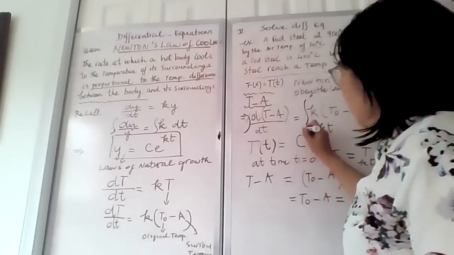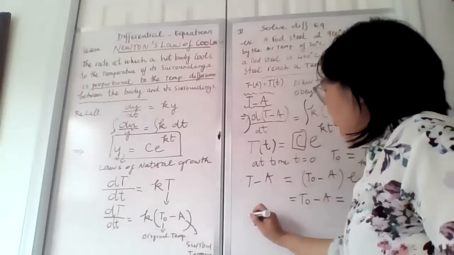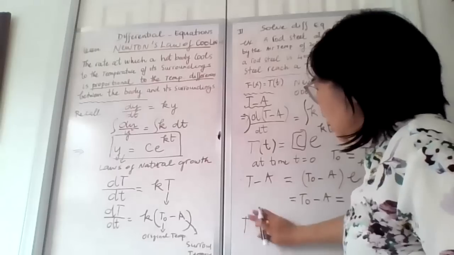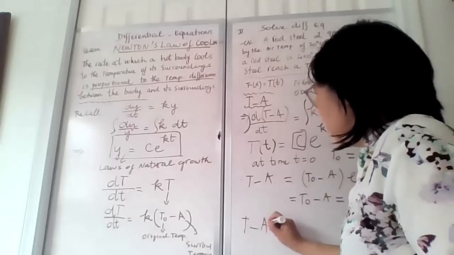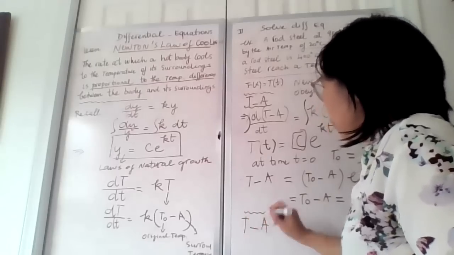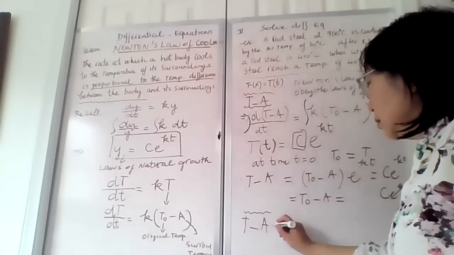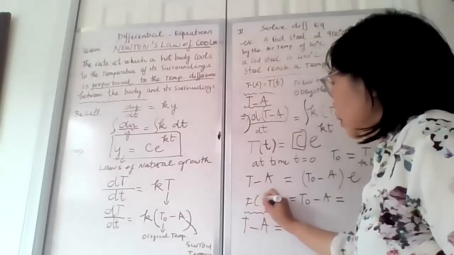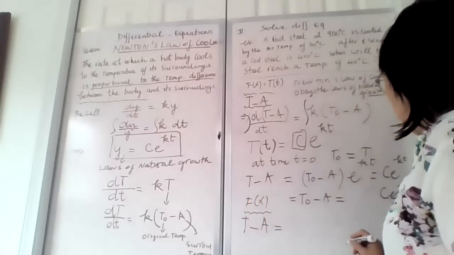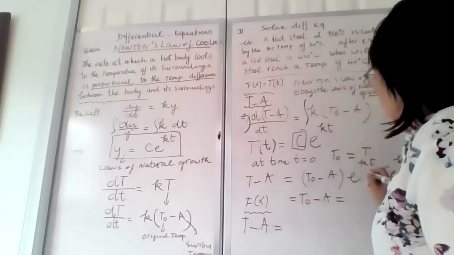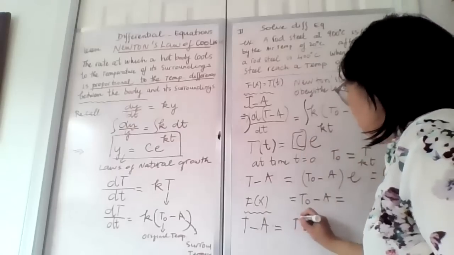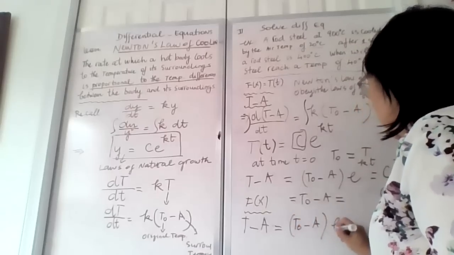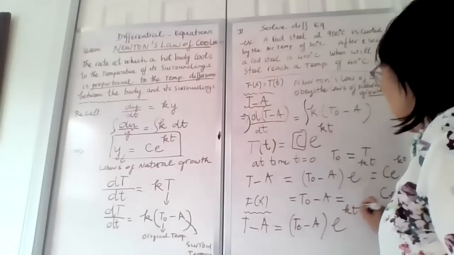So now we can substitute C with T0 minus A. Our function is T minus A. And remember, this is the whole function, not just a variable. It's like the original function f. Okay. T minus A equals the C here, which we substitute with T0 minus A, times e^(kt).